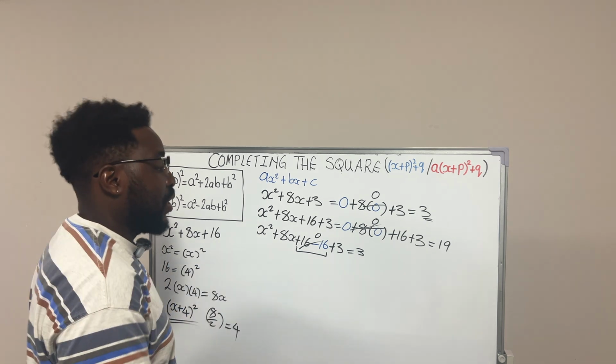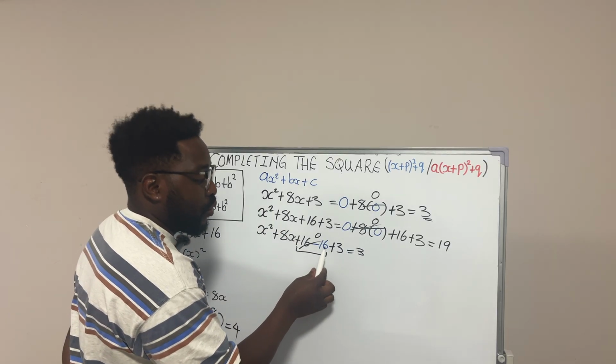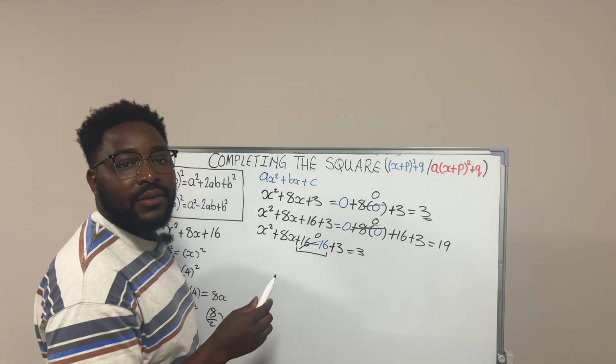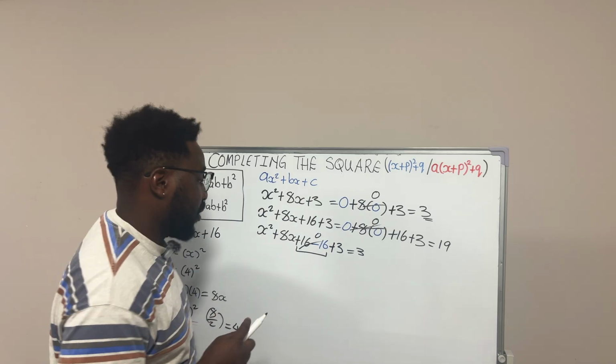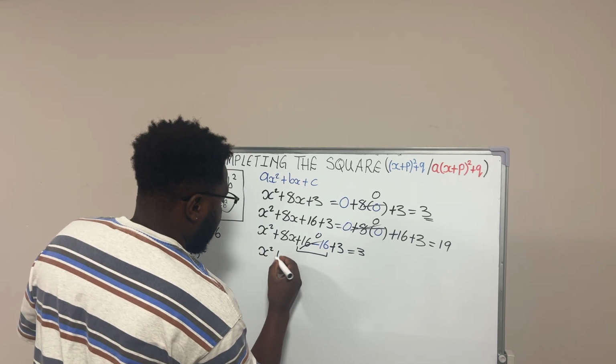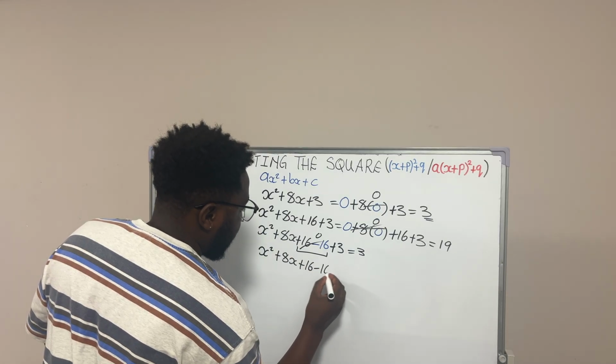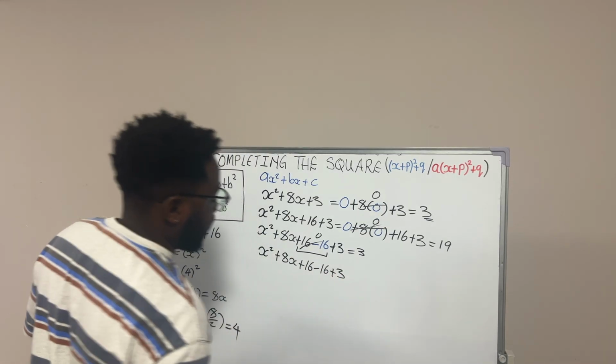In our case, we don't just add the 16, but we also subtract the 16. Yes? So now, let's do that. X squared plus 8x plus the 16, and minus 16 plus 3.